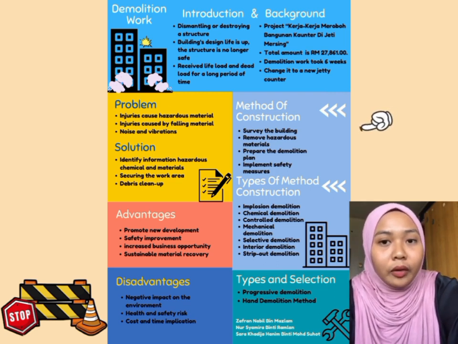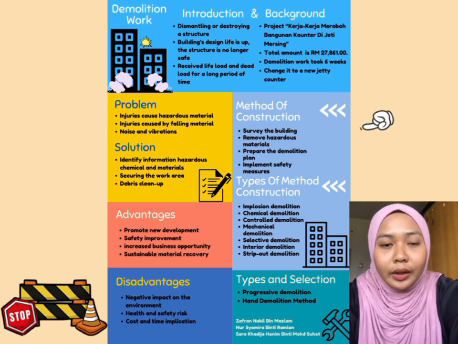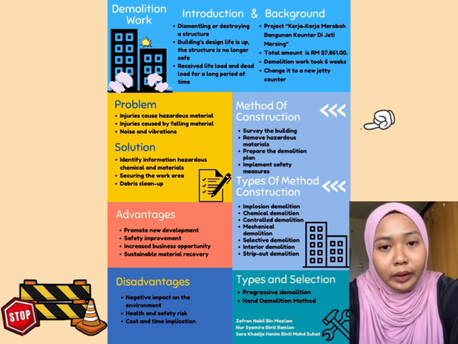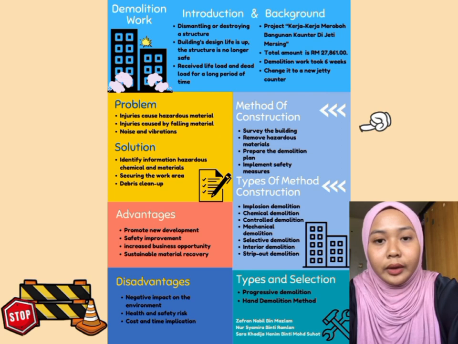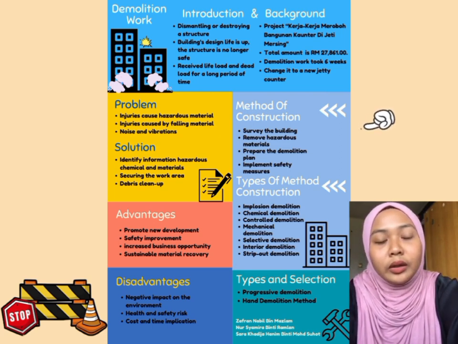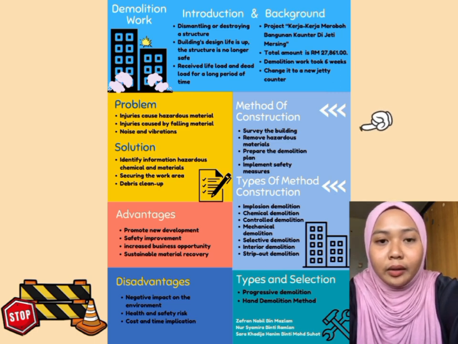The first method used for demolition works is to survey the building. Prior to destruction, industry professionals should inspect all aspects of the property, including the construction materials, design, building usage and building codes. This will make it easier to determine which strategies to apply in safely and efficiently dismantling the property. Moreover, the next method is to remove hazardous materials.